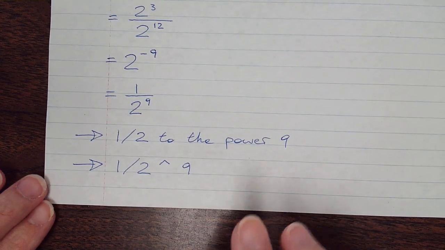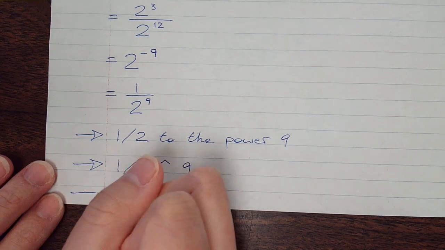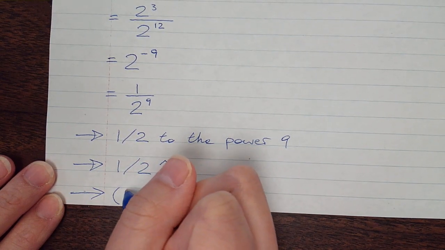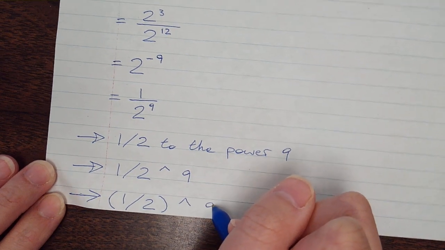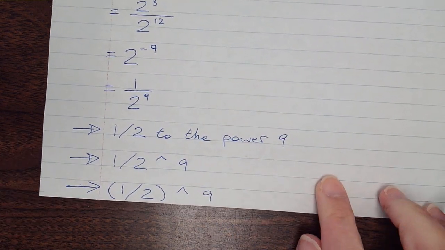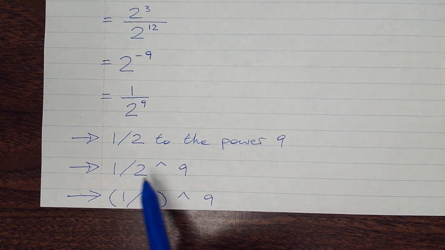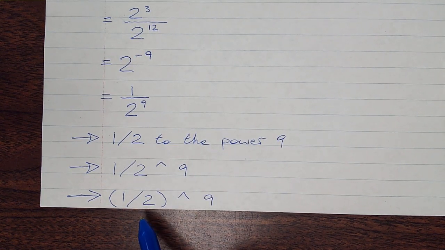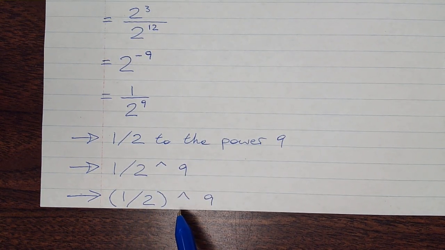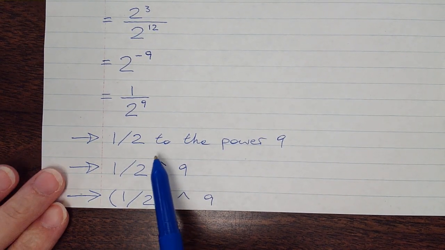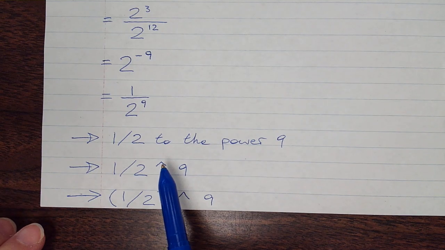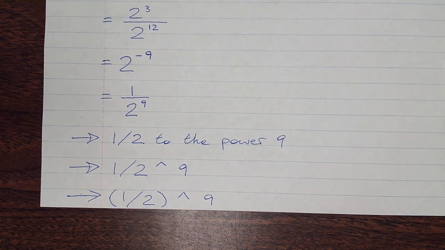All right. Or you can do 1 over 2 to the power of 9. All right. So on the test tomorrow, because it's on the computer, you can type in any one of these answers and it will be correct. This little symbol you can get by pressing Shift and then 6 to get this little hat to say exponent.